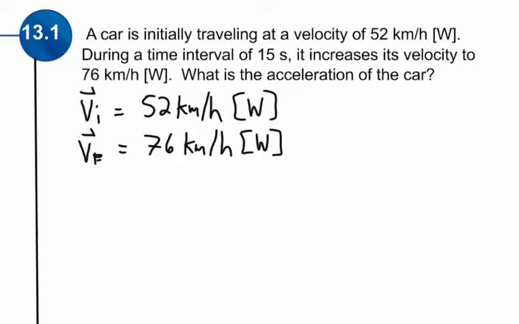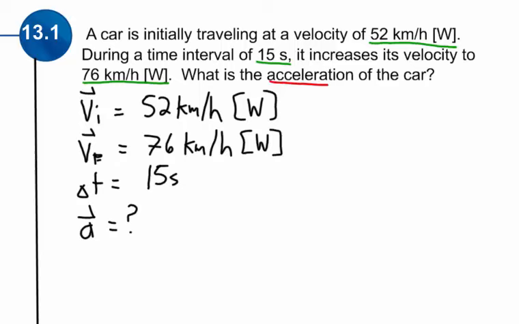We're given a time interval, a delta t, which is 15 seconds. And what we want to find is the acceleration of the object. And there's our given pieces of information. Again, you may want to utilize a strategy: 52 kilometers an hour, 76 kilometers an hour, and 15 seconds, and we're trying to find the acceleration of the car.